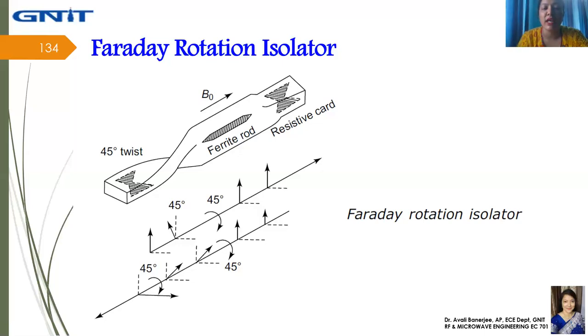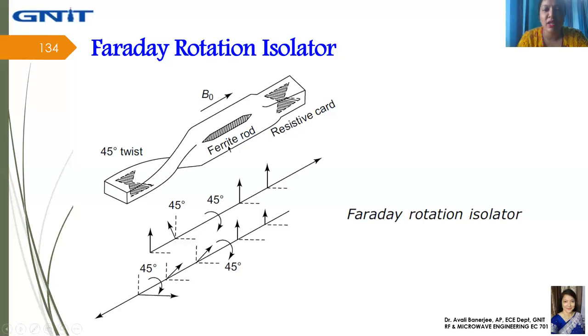The rotation angle theta is proportional to the length of the ferrite rod. For the reverse wave, the direction of rotation remains the same, confirming the non-reciprocal characteristics of the ferrite. The isolator input is a 45-degree twist where a tapered resistive card is mounted.